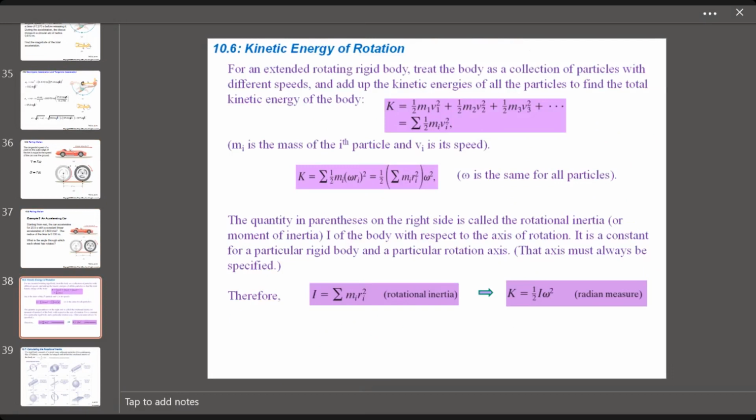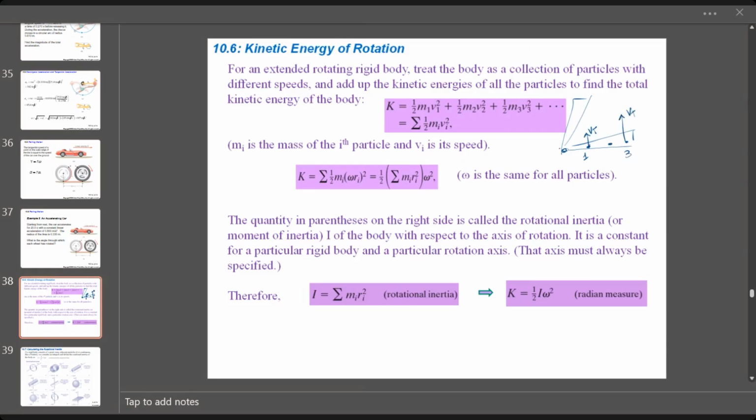I can write K to be half mv squared. But remember, because the blades, for example, for the helicopter were moving with different points having different velocities, namely here v tangential is compared to v tangential at this point, points 1 and 3 will not have the same tangential velocities.